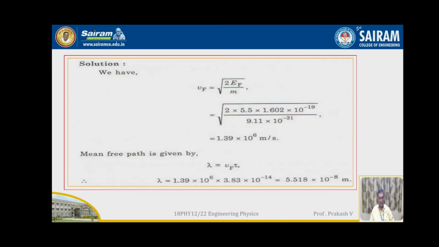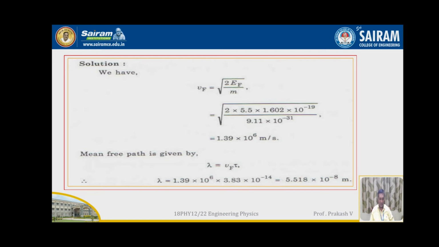If you look at the solution part, we know that the expression for Fermi velocity is Vf equal to square root of 2EF by m. Substituting the value of Fermi energy and mass of the electron, that is equal to square root of 2 into 5.5 into 1.602 into 10 to the power of minus 19 divided by 9.11 into 10 to the power of minus 31.